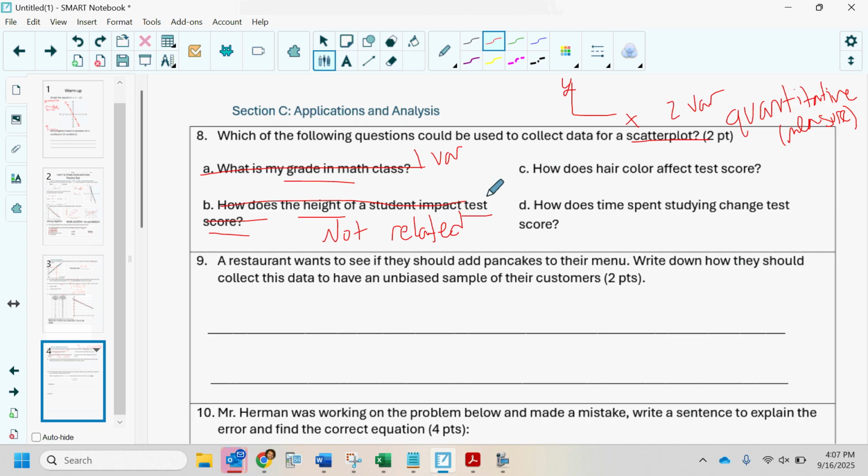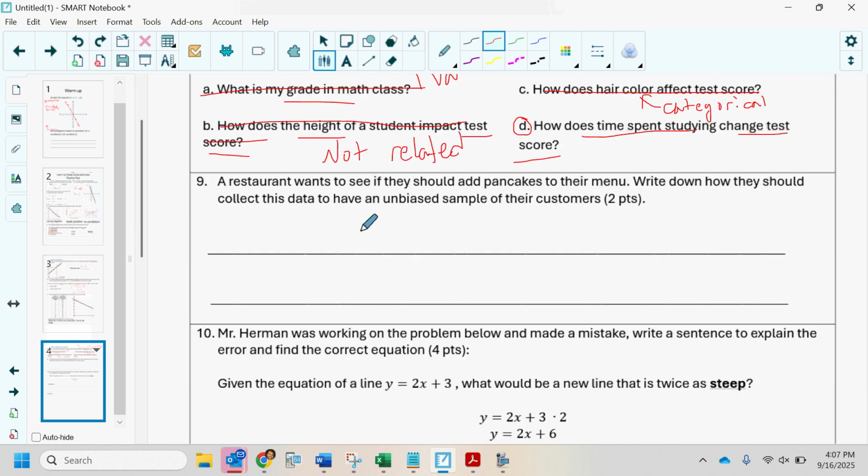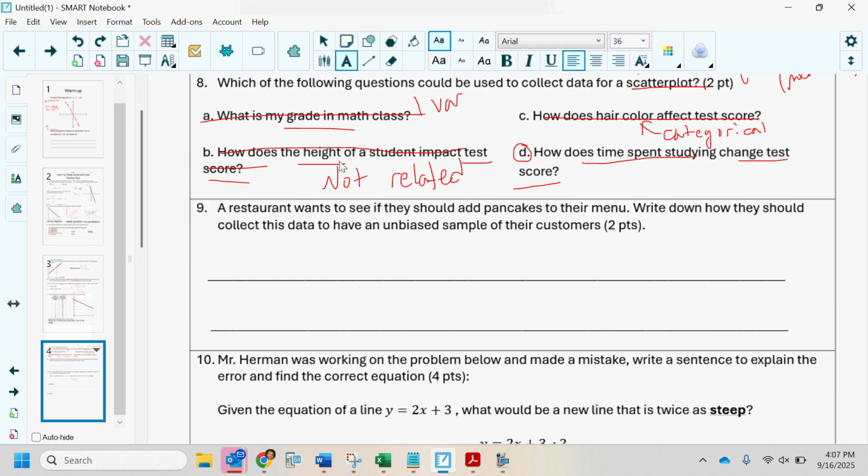So similar issue as the last one, but here we have a categorical variable, so that's not good. This is category. And how much time the student spends studying, right? That's our variable, and then test score. Those are 2 measurable things, and one would have impact on another. So that's where we're at.